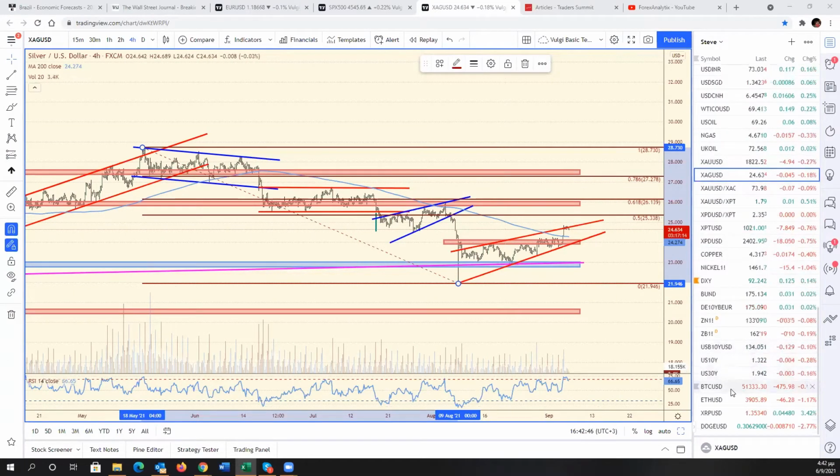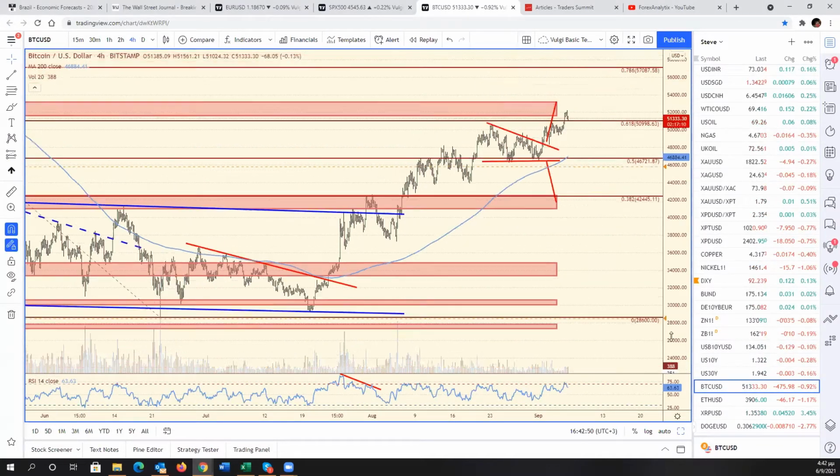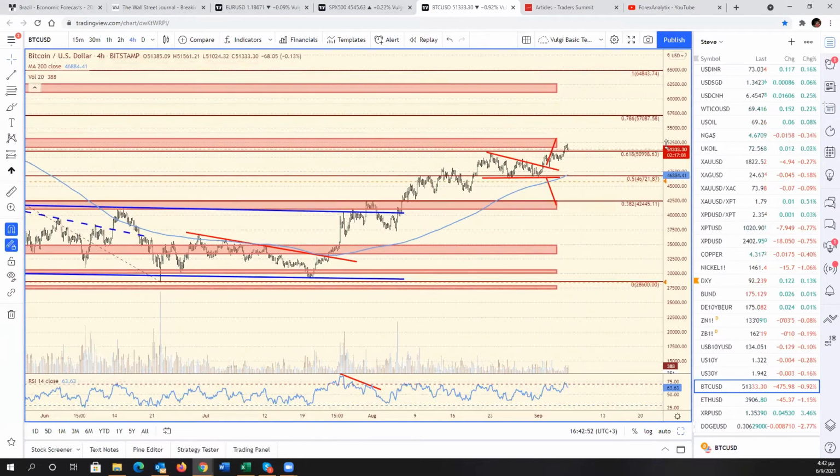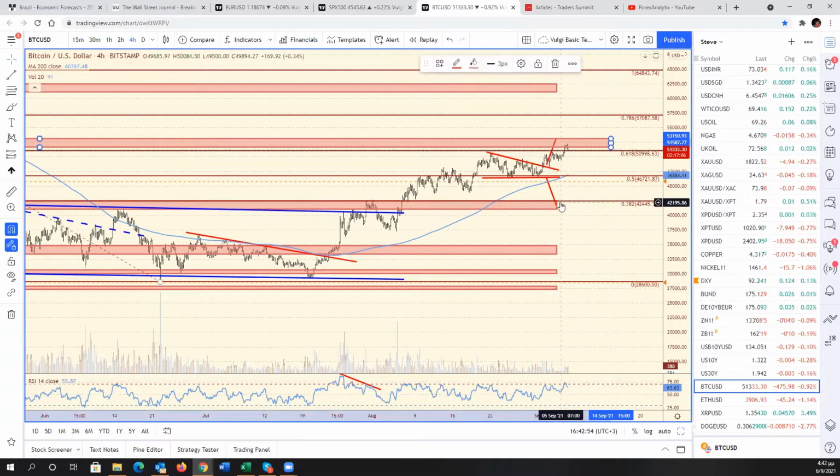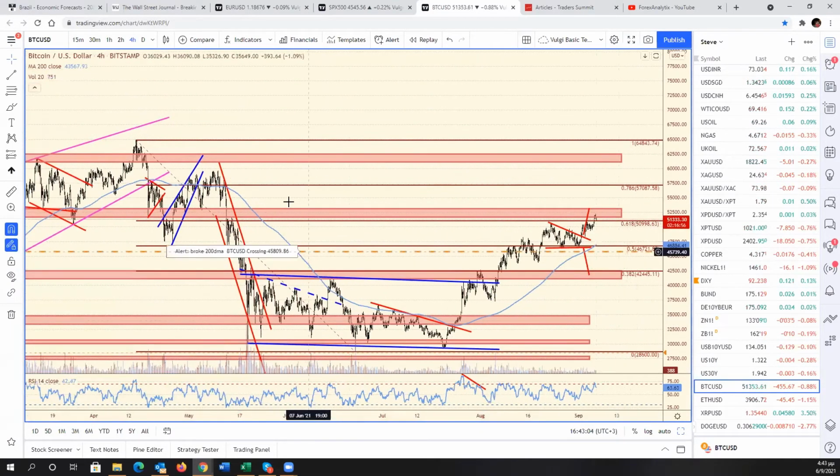Next, Bitcoin. So we've had this recent breakout here in Bitcoin. I'm talking about the short-term chart, right? We had this recent breakout.